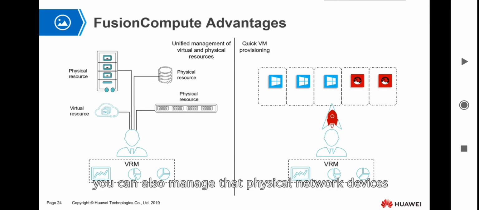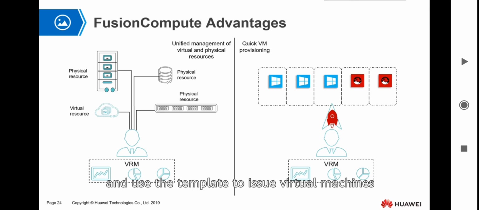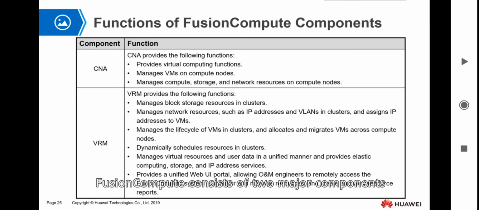Then you can also manage the physical network devices, and the virtual resources formed by these physical resources can be managed. Second, through VRM, we can quickly issue virtual machines, copy virtual machines, and use templates to issue virtual machines.